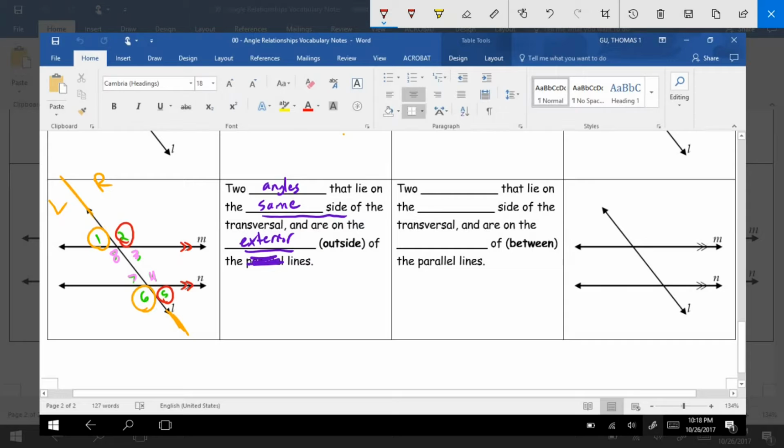All right, so in this case, if the lines are parallel, then, okay, hang on here. It's not congruent this time. Look at the picture. It's going to be measure of angle 2 plus the measure of angle 5 equals 180 degrees. So they're supplementary.